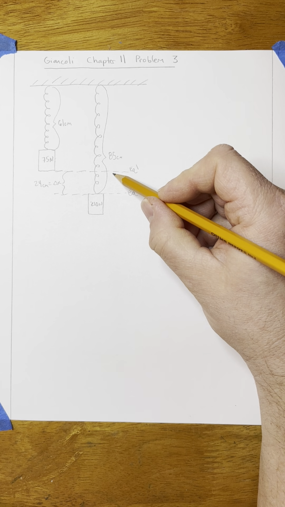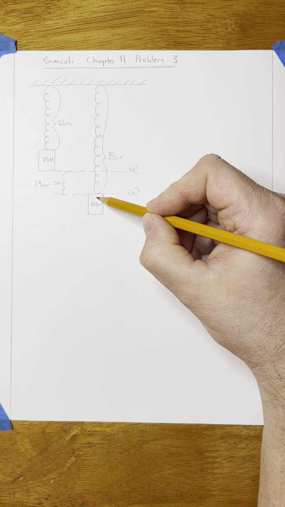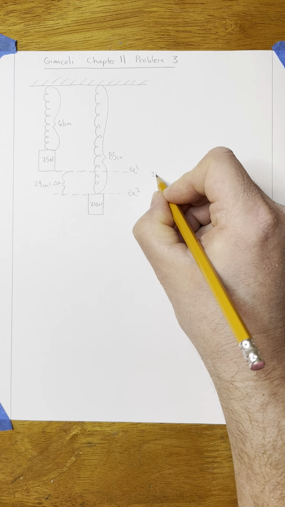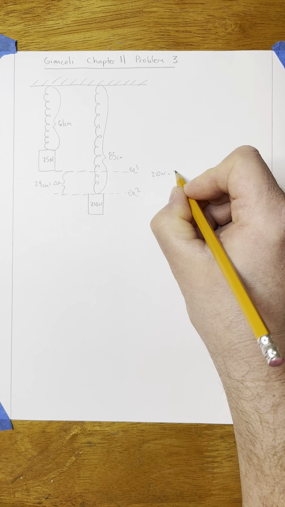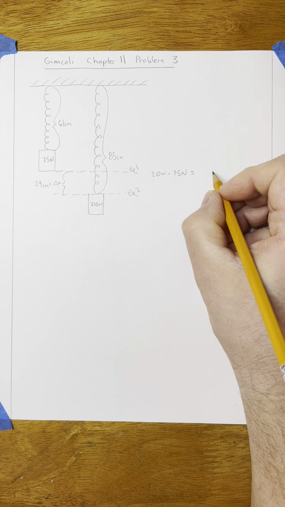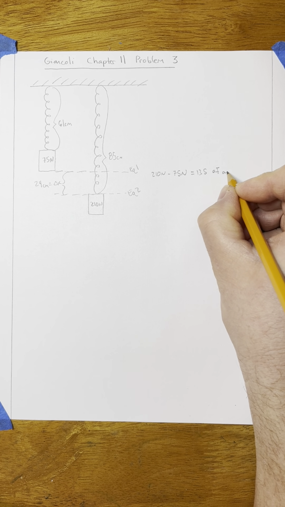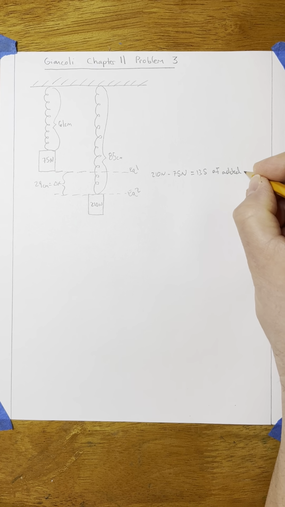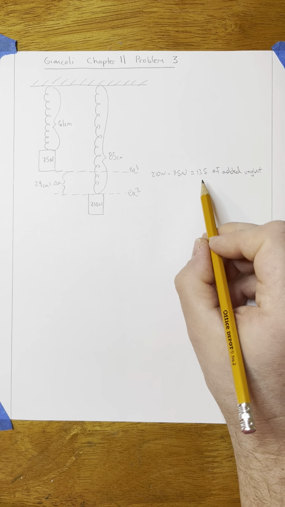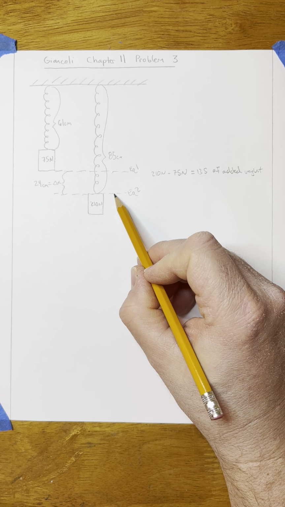How do we move from 1 to 2? Well, we do so by adding more weight. We add 210 newtons minus 75 newtons, which gives 135 newtons of added weight. So we're increasing the weight force by 135 newtons to go from equilibrium position 1 to equilibrium position 2.